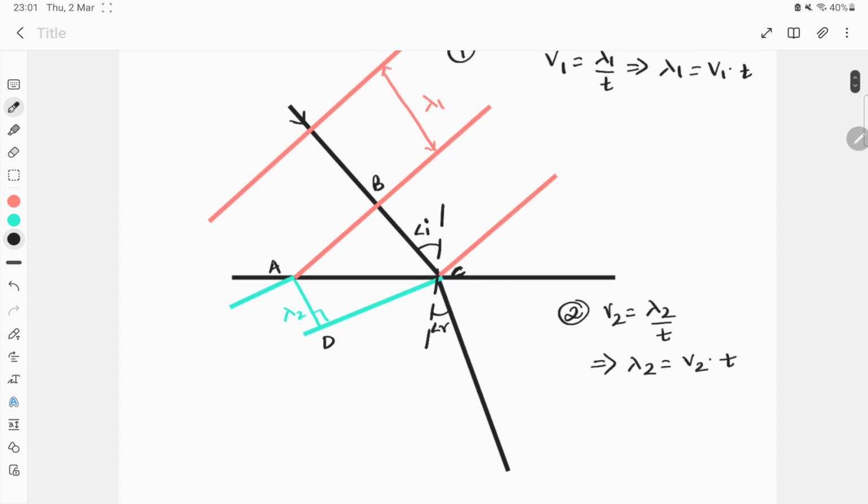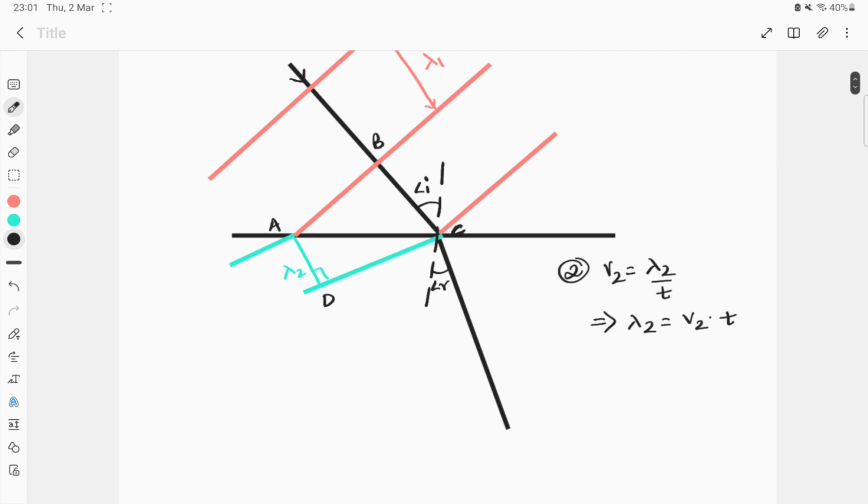Okay, let's play with angles now. So in triangle ABC, angle B is 90 degrees. I want you all to focus here. This complete angle is also 90 degrees, out of which ये छोटू सा part is angle i. So the part which is left becomes 90 minus i. Correct?